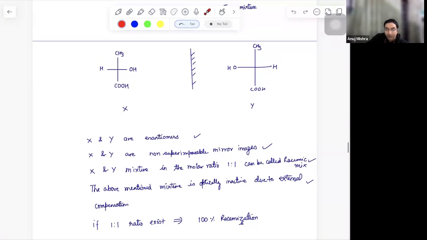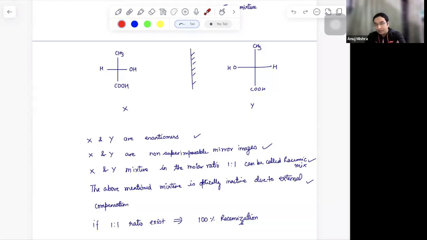Anyone having issues with any of these 4 white pointers and the diagram? Please ask your doubts. Enantiomer समझ में आ गया?